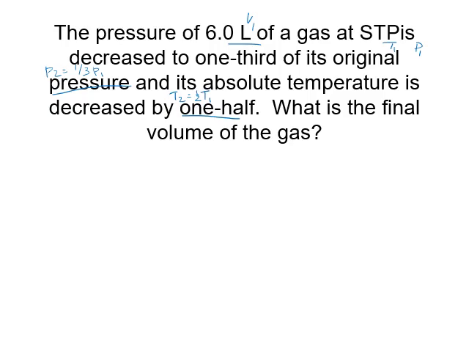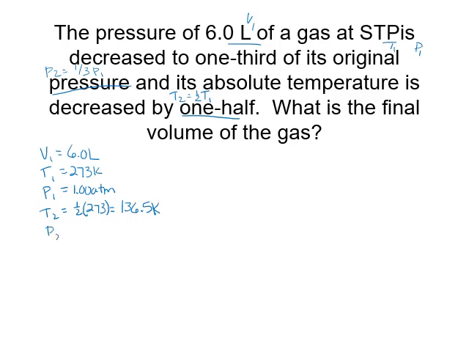What is the final volume of the gas? I'm kind of corralling all our variables. V1 is 6 liters. T1 is 273 Kelvin. P1 is 1 atmosphere. T2 is 1/2 of 273, which is 136.5 Kelvin.